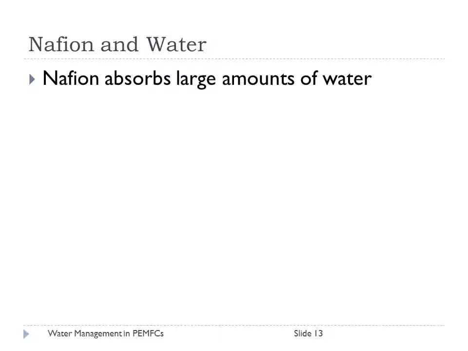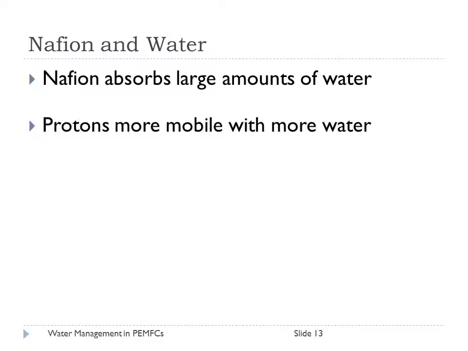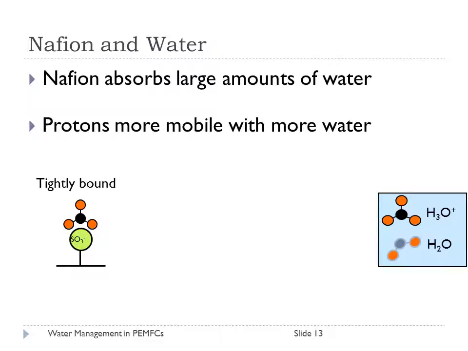So Nafion will really quickly start absorbing water if it's around, and you will see the steps we're going to go through when it comes to how we get more proton mobility.